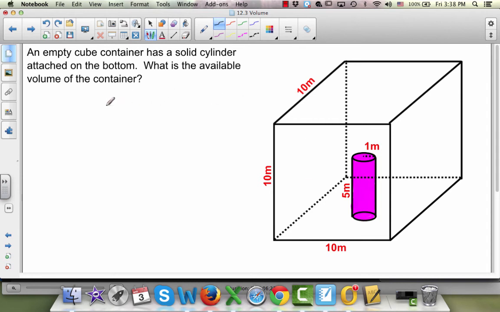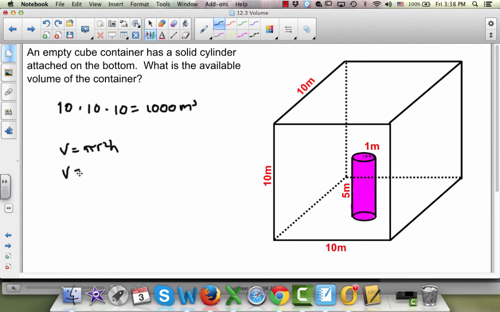So here we go. The volume of the cube will be 10 length times 10 width times 10 height, which gives us 1,000 meters cubed. The volume of the cylinder will be, remember, volume equals pi r squared h.